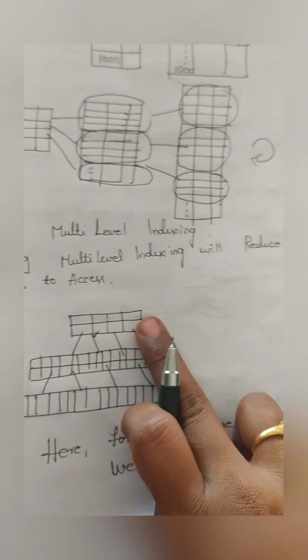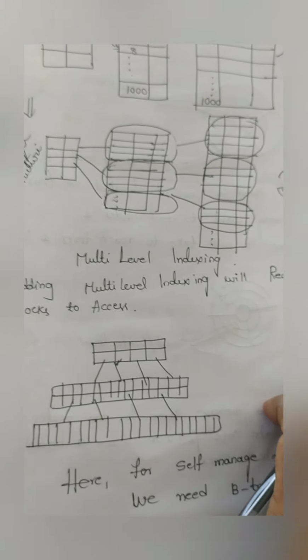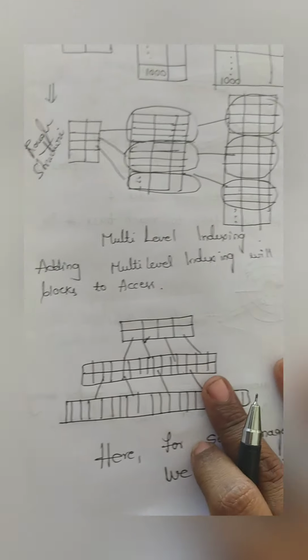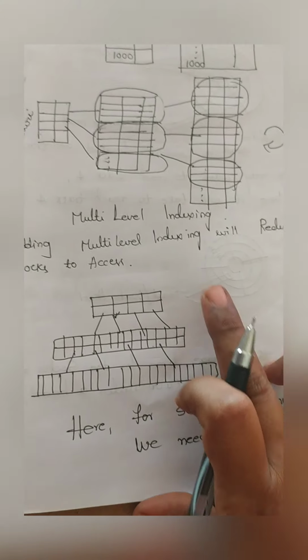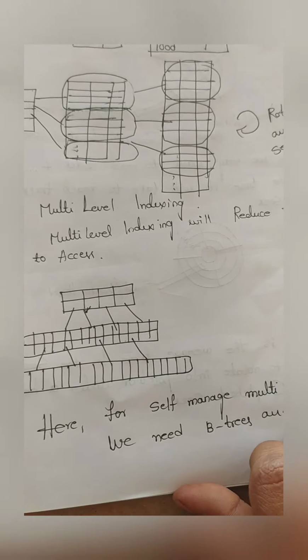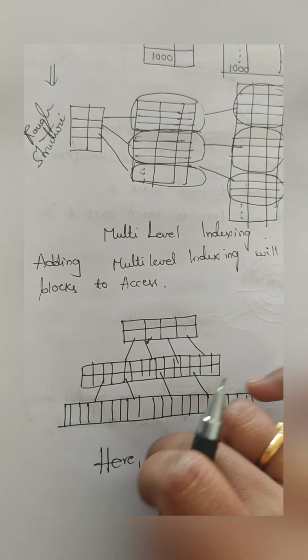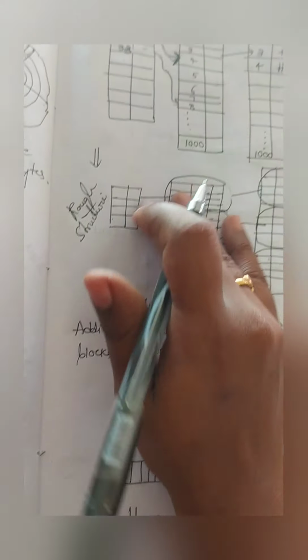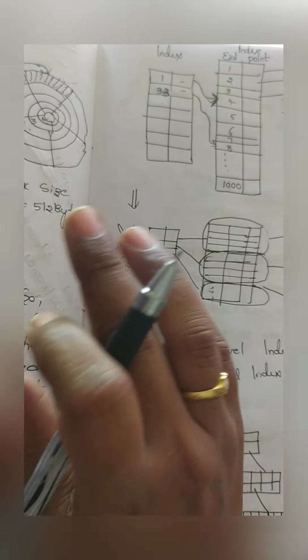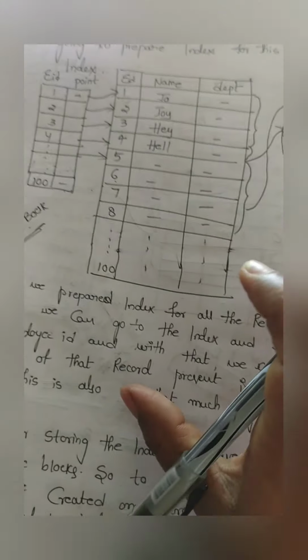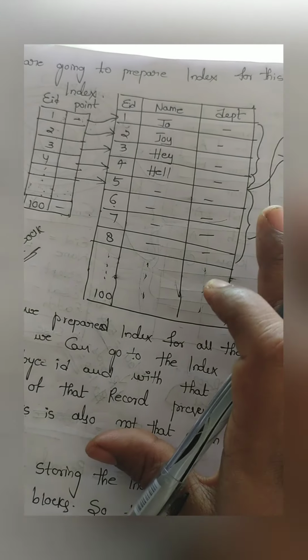So adding multi-level indexing will reduce the number of blocks to access. Here, to self-manage the data, we just know the problem and we find the solutions for indexing.